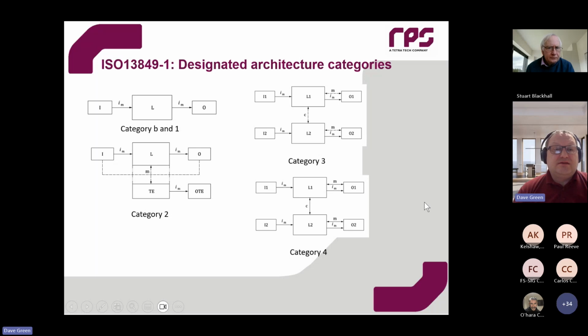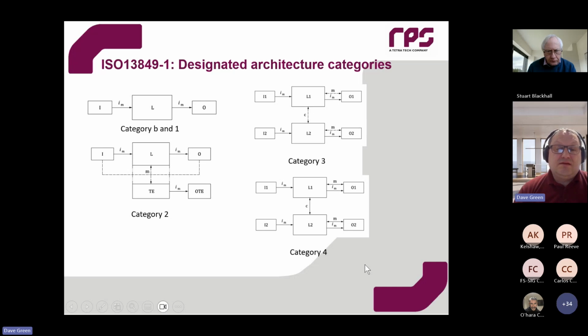Here are our architecture categories. For those who have seen the previous version, they look identical. I think they haven't been tweaked at all. Category B and 1 are still a single line with no redundancy. We're then introducing category 2 with some monitoring, more devices and components in 3, and 4 with feedbacks in between.